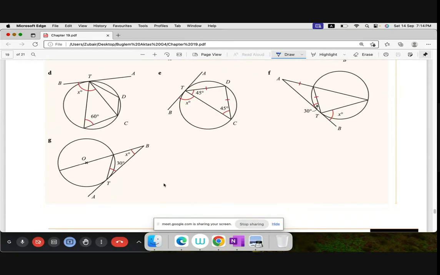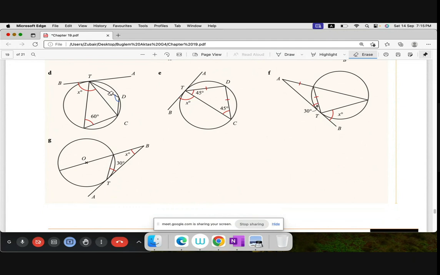D part. Be a little thoughtful. Where do you find x? Because x is touching this chord, it should be equal to the 60 degrees. So x is 60. It is this angle. See this chord? It should be away from that chord. So this is x.